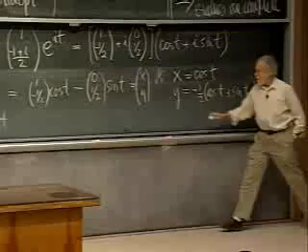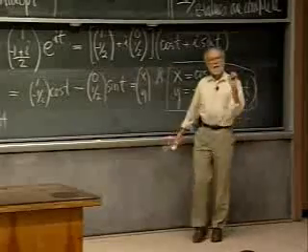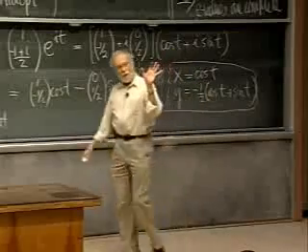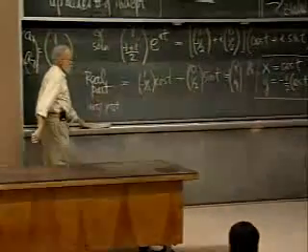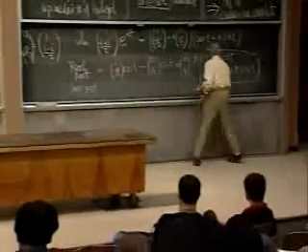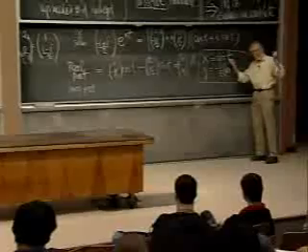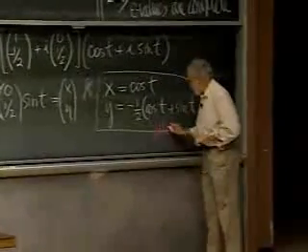Now, you may have the pleasure of eliminating t; you get a quadratic polynomial in x and y equals 0. This is an ellipse. As t varies, you can see this repeats its values at intervals of 2 pi. This gives an ellipse.